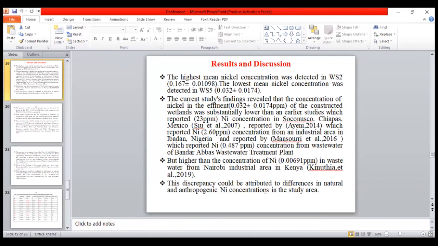This discrepancy could be attributed to differences in natural and anthropogenic nickel concentration.